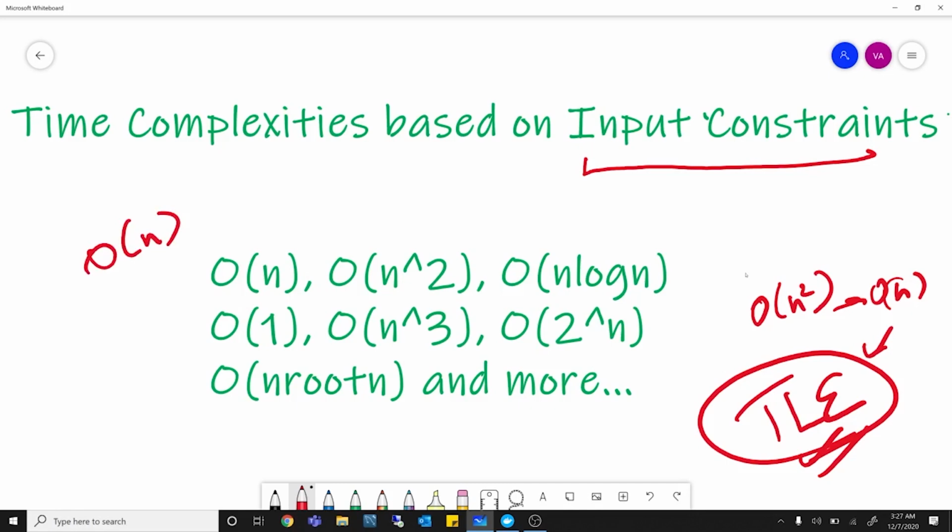But those questions do not necessarily need to be solved in O(n); they could be solved in O(n) square as well, and that is a solution you might reach quite easily. So if you try to go for O(n) on a question that requires O(n) square complexity, you are wasting your time. And time is quite precious, whether you're giving a contest on a platform like CodeChef or Codeforces or anywhere else, or you're sitting for a coding interview.